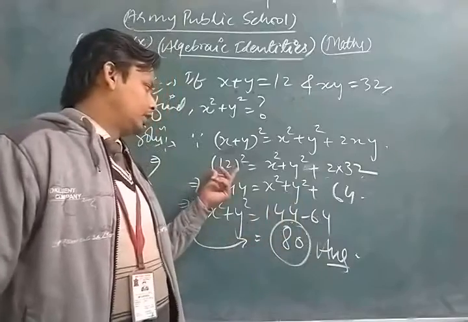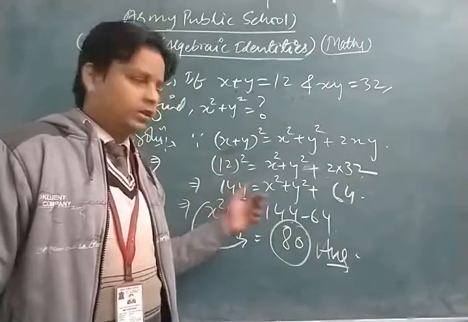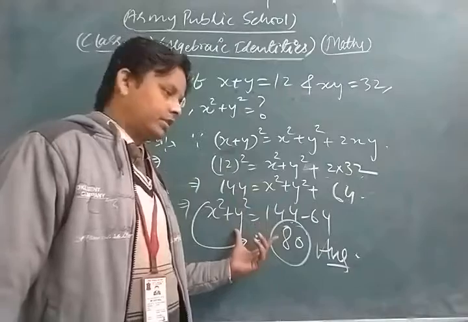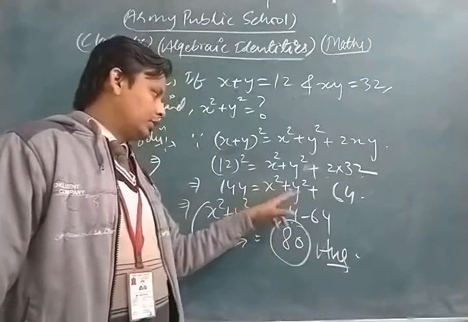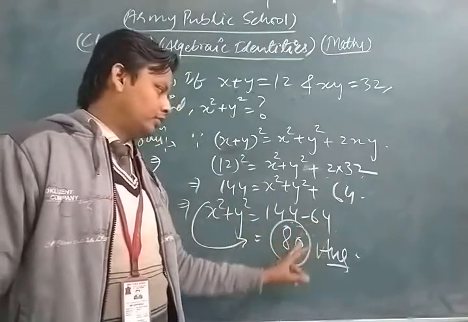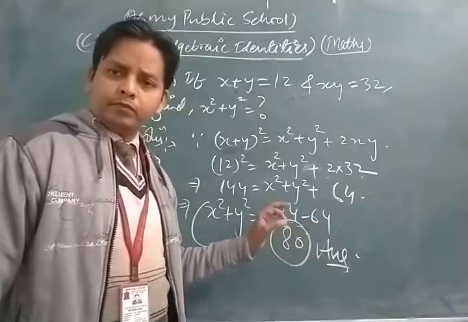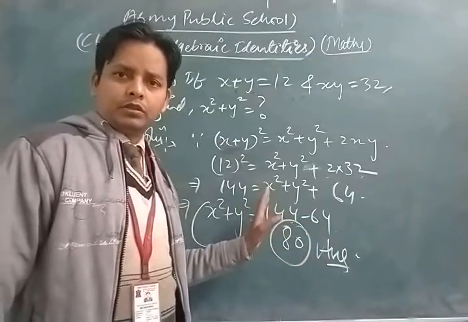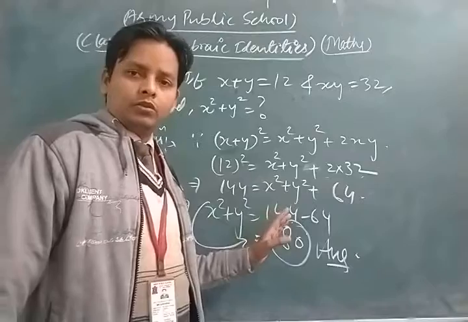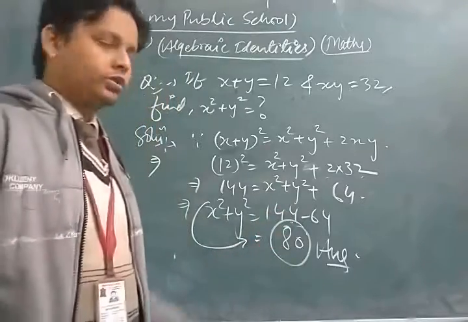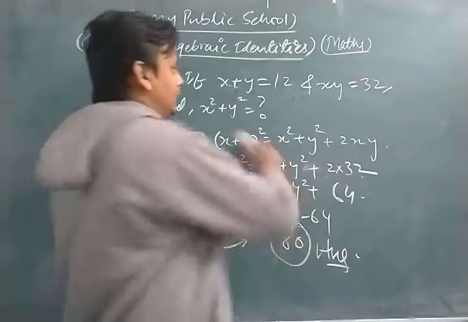Now the square of 12 is 144, and after transferring, we get our result as x square plus y square equals 144 minus 64, that is 80. So in this way you can solve all the questions of your NCERT exercise based on identities.